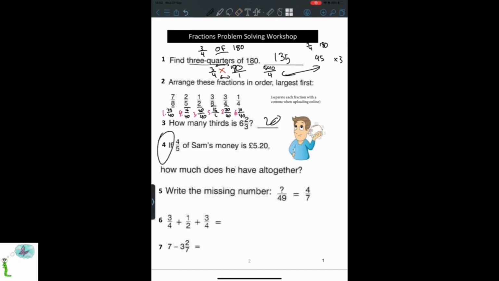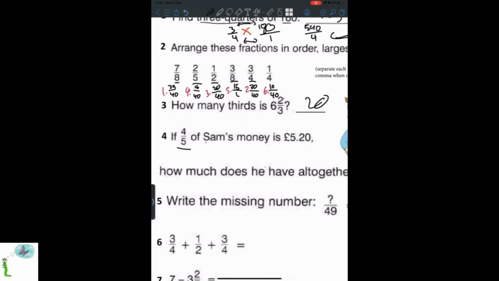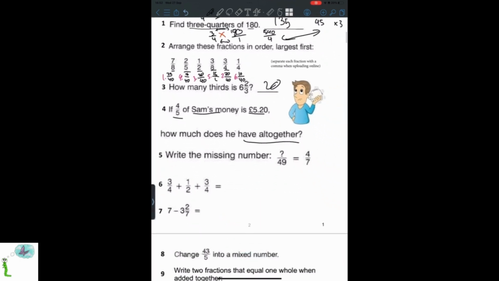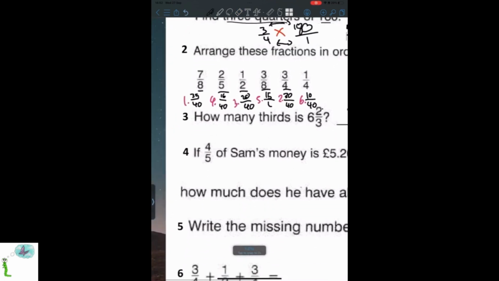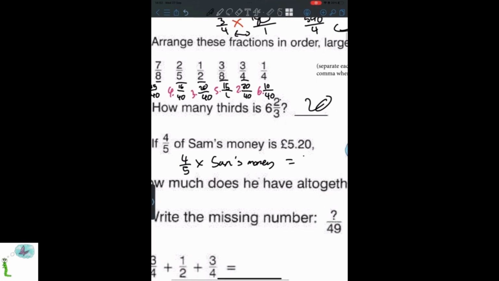Okay, question 4. If 4 over 5 of Sam's money is £5.20, how much does he have altogether? Again, like I said, what of means is times. So you're saying 4 over 5 times Sam's money, which is all of Sam's money, is equal to £5.20.